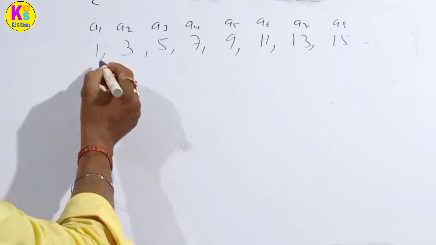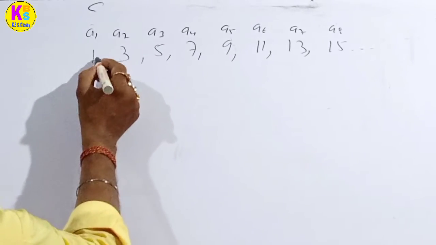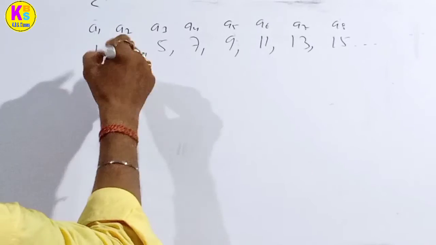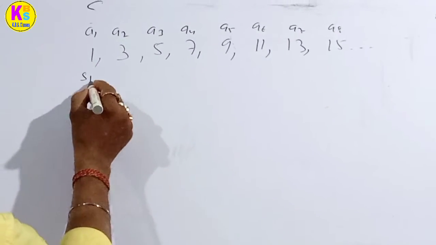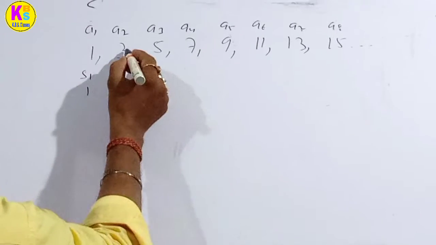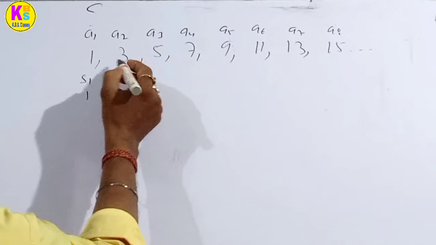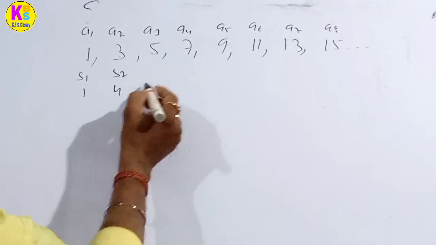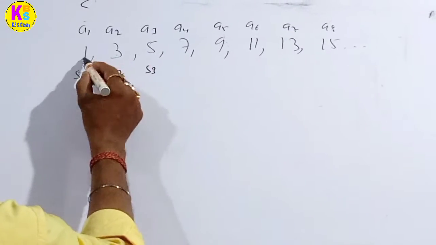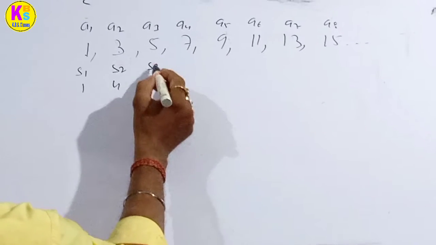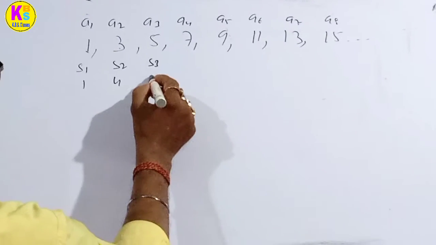And if we take the sum, so 1 should be added to nothing. So what is the sum? S1 is 1 and S2, sum 2, is 3 plus 1, 4. Sum 3 is 1 plus 3 plus 5, which is 4 plus 5, 9.